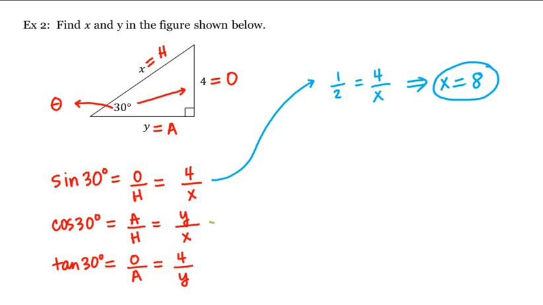That is, we could use this middle equation. So cosine of 30 degrees is square root of 3 divided by 2, which is equal to y divided by x, but we just found that x was equal to 8. And cross-multiplying will give us that y is equal to 8 square root of 3 divided by 2, which is 4 square root of 3.